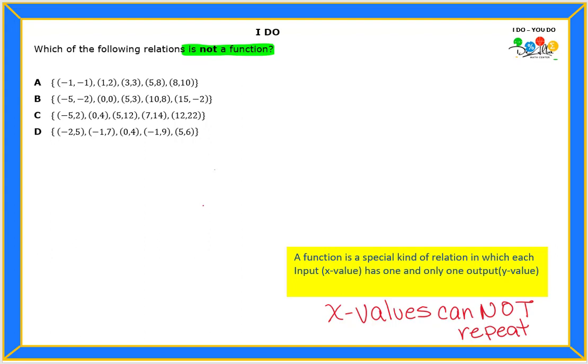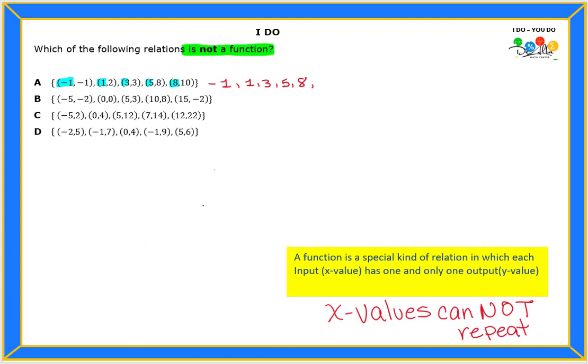So I'm going to go to letter A, and I am going to highlight my x values. And if you feel more comfortable, I am going to rewrite them. Okay? I'm going to rewrite every single one of the numbers that I highlighted.